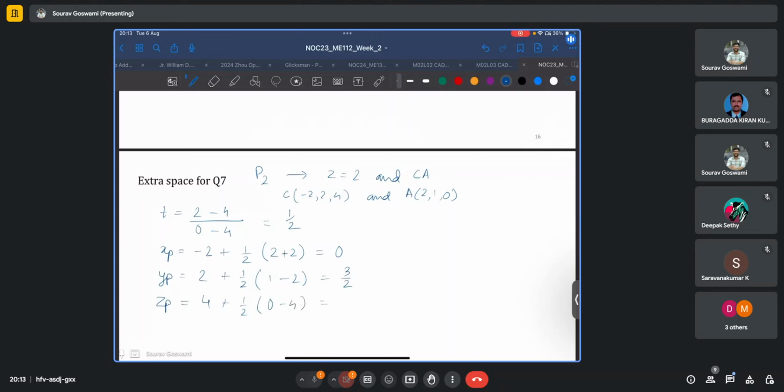This is 4 minus 2 is 2, which is the same as z equals 2. Therefore, the second point of intersection has coordinates 0, 3 by 2 and 2.